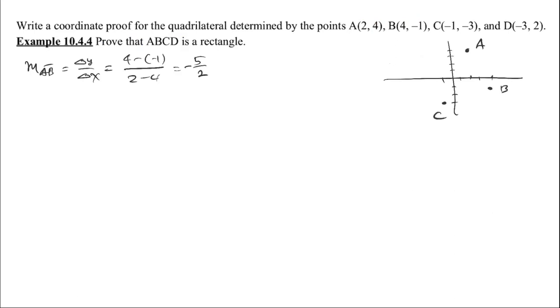It's about here. That's C. D is -3, up 2, which is about here. So you get a sense that AB has to have a negative slope, and it's fairly steep, -2.5. Yep, that seems to make sense, right? All right, let's go with the slope of DC, and they appear to be parallel, right?